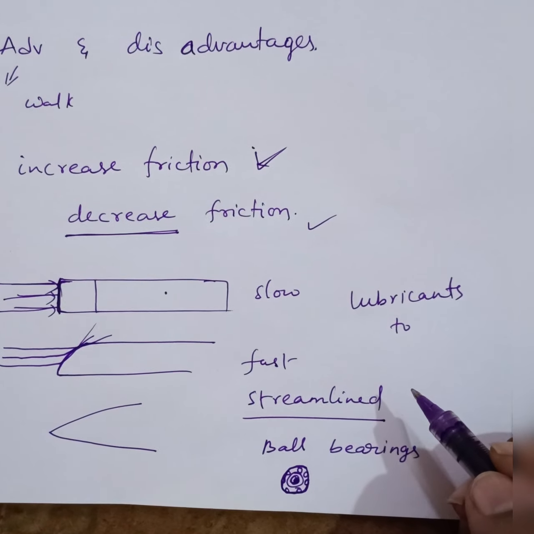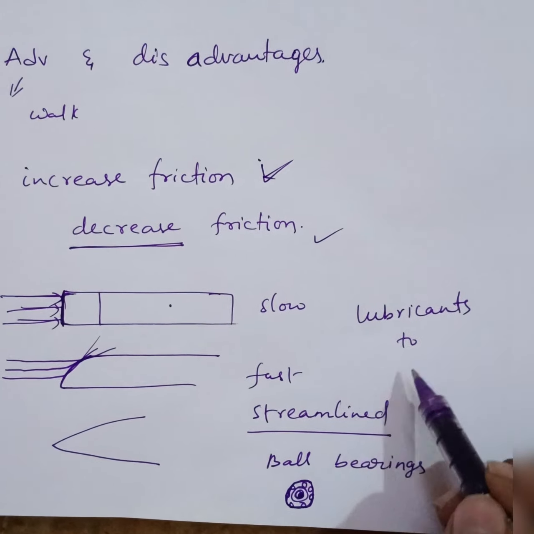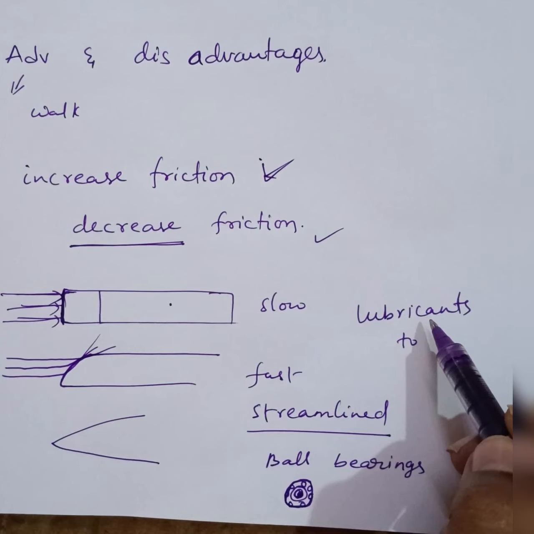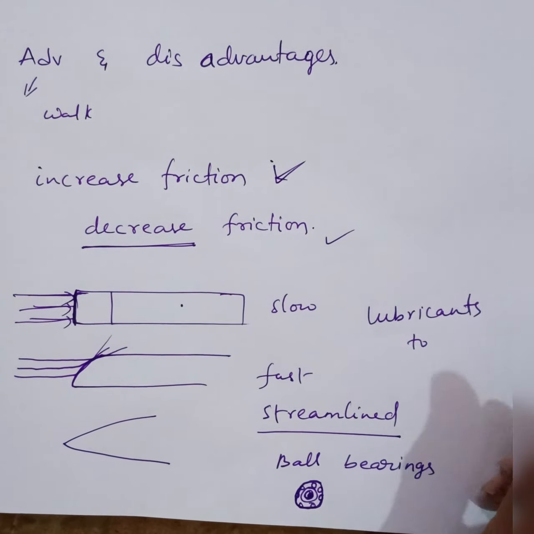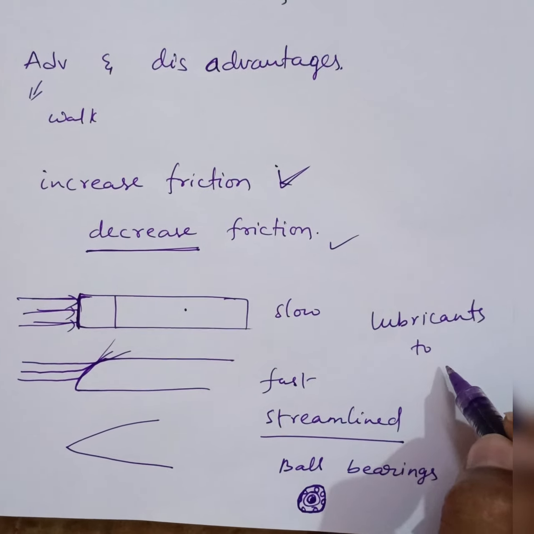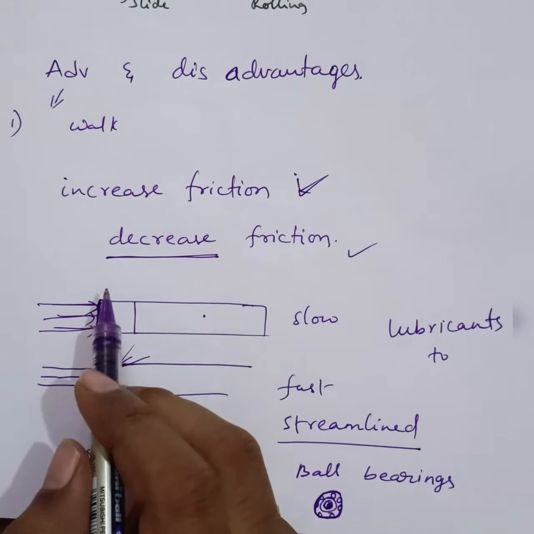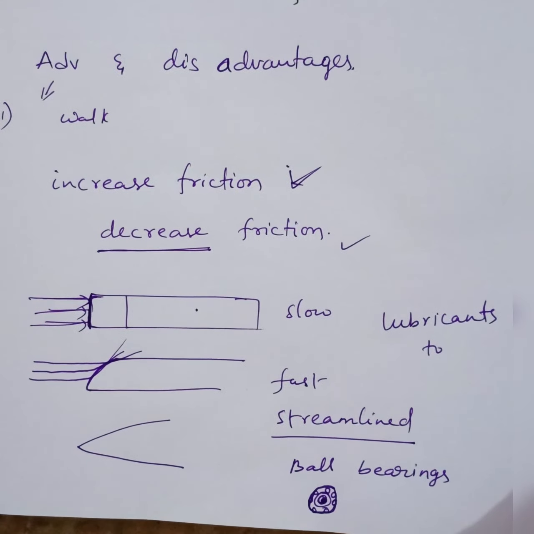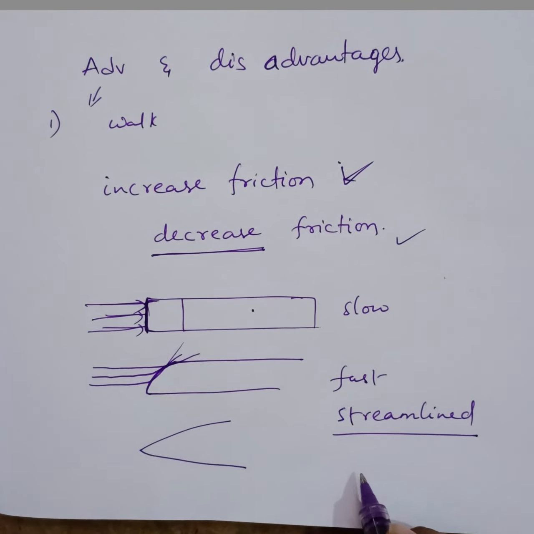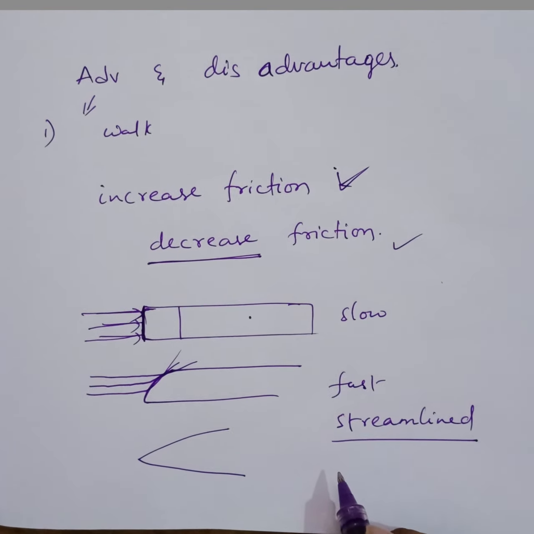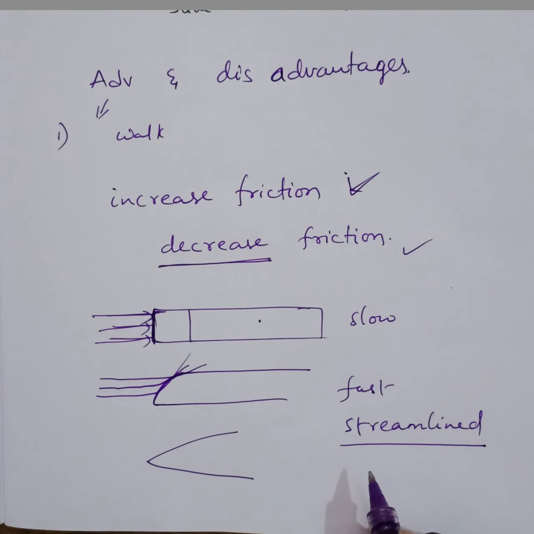Now, lubricants means oil, grease, jelly-like substances, which are used to reduce or decrease the friction. Okay, this is about force, pressure and friction. Remaining topics I'll do in the next video.